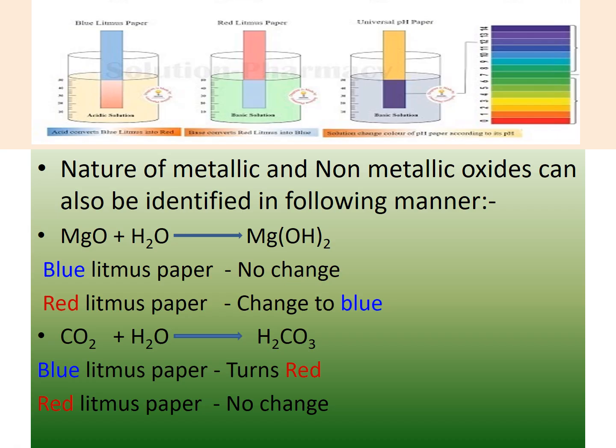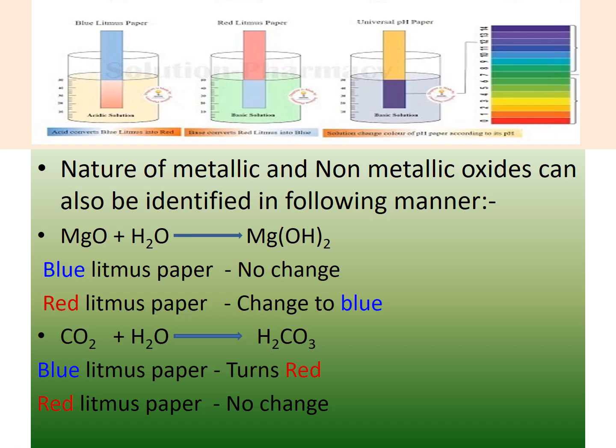If we dip blue litmus paper into this solution, there will be no change. While when the red litmus paper is dipped into this solution, it changes into blue. So since the red litmus paper changes to blue, it shows that the solution obtained by mixing magnesium oxide with water is basic in nature.